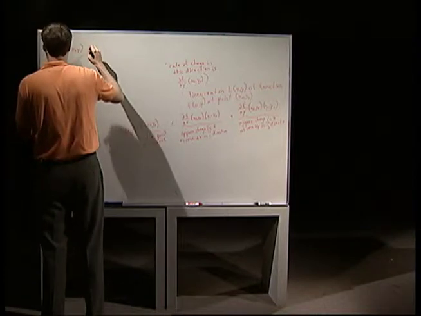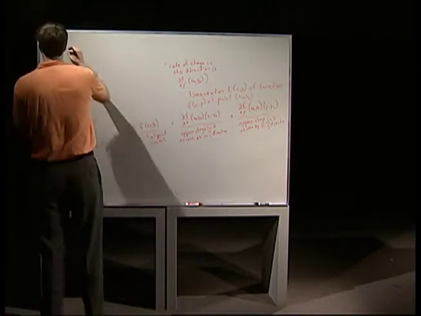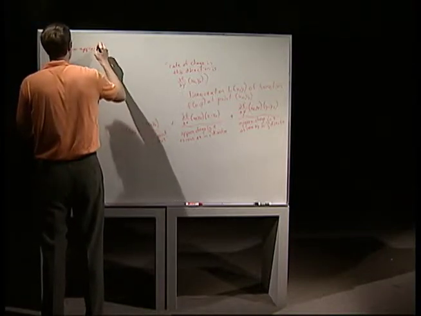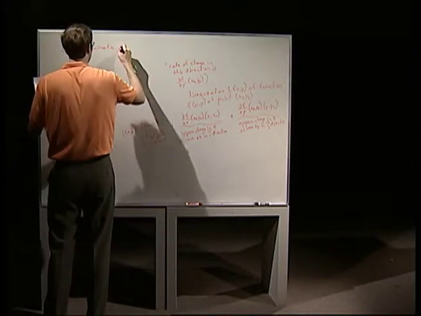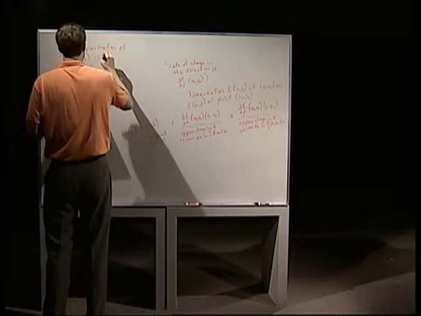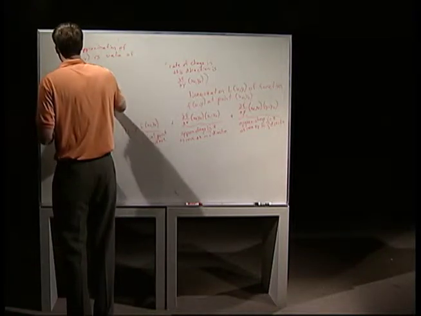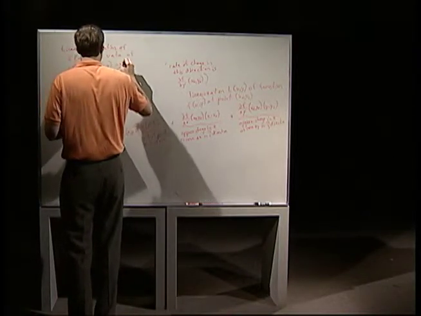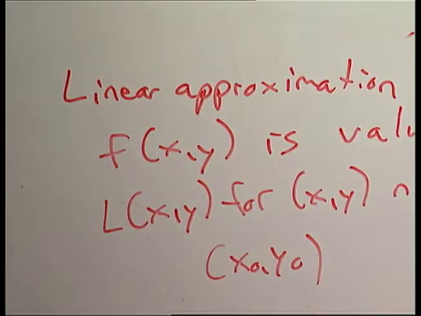So a linear approximation of f of x, y is the value of L of x, y for x, y near x naught, y naught.